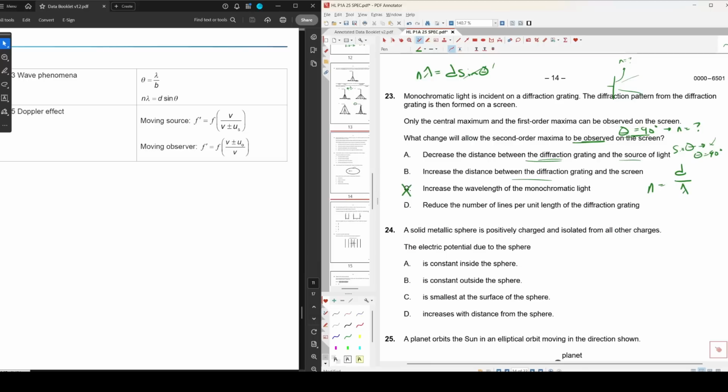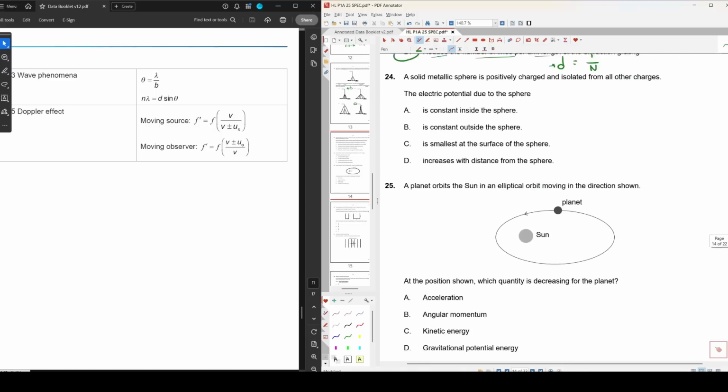So these don't matter. It's going to be D. The distance between the slits is 1 over the number of lines per meter, right? This wording is terrible. Reduce the number of lines per unit length. In other words, spread the lines out more. In other words, increase d, your distance between the slits. So that's got to be D.